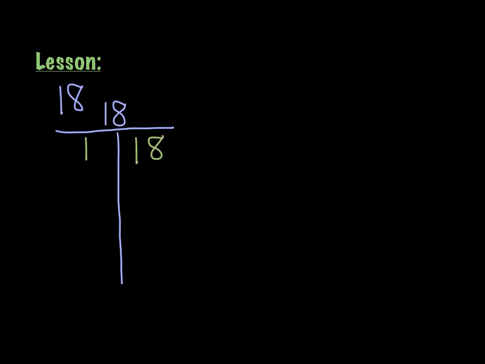And then I'm going to think, is there a 2's fact that equals 18? Yes, there is a 2's fact. 2 times 9. Is there a 3's fact that equals 18? Yes, 3 and 6. Is there a 4's fact that equals 18?